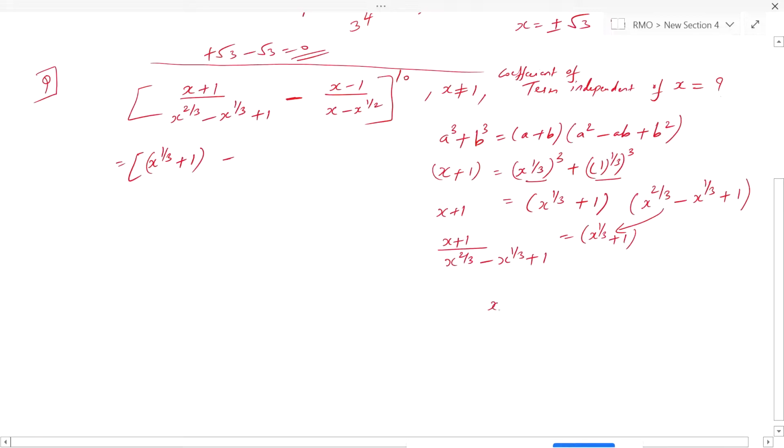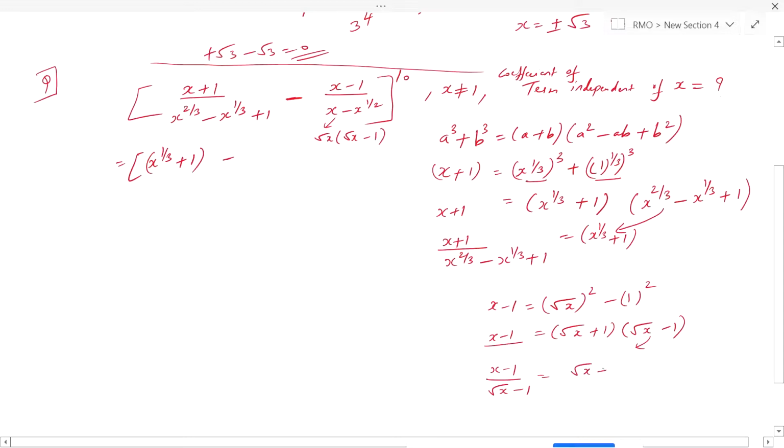Okay, so x minus 1, how will we write it? Root x the whole square minus 1 the whole square. So we'll write root x plus 1 into root x minus 1. Take this out, so x minus 1 upon root x minus 1 is equal to root x plus 1.